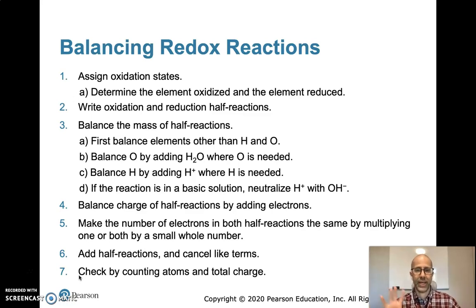So wherever you can cancel out, do so. And then after you add those together, just double check by counting the atoms and the total charge on both sides. It should still be the same. So that is how you balance redox reactions.